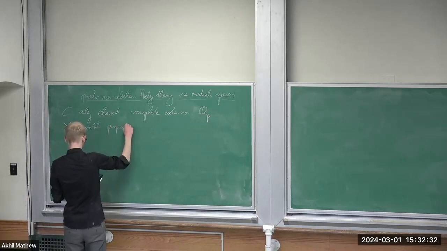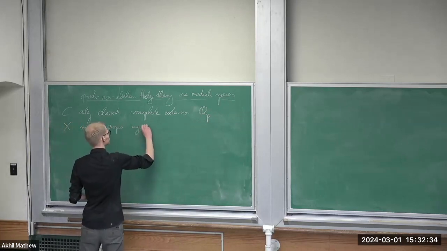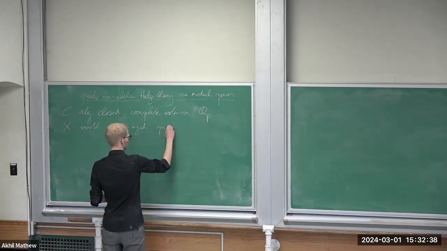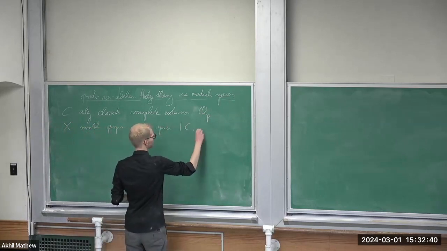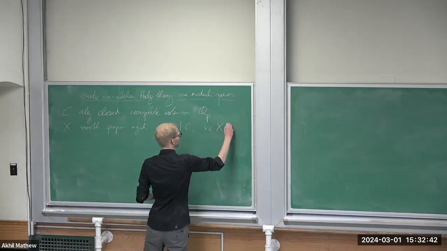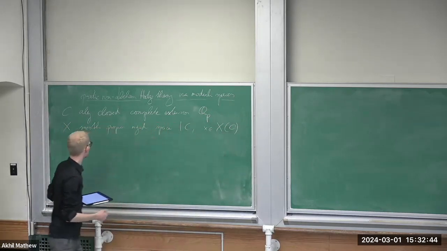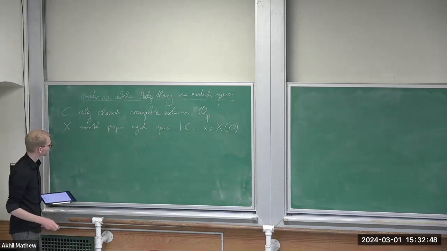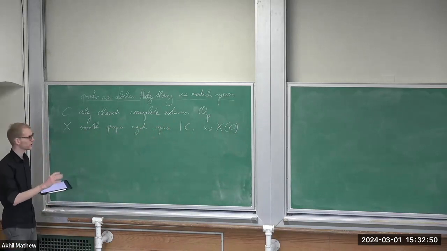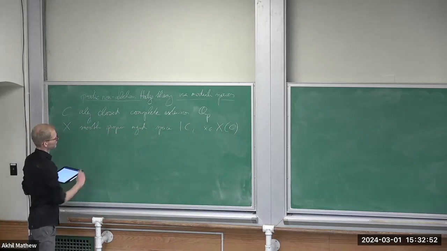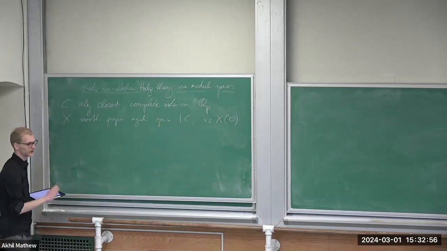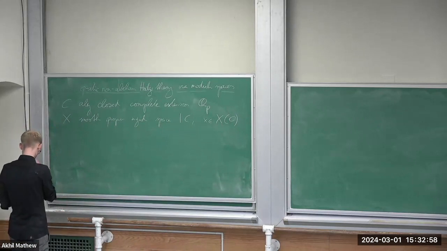For the beginning, we can work with any smooth proper rigid space over C. Maybe I was working with a smooth projective space on Monday, but in fact, I will later in the talk restrict attention to the case of curves, for which this is already very interesting.